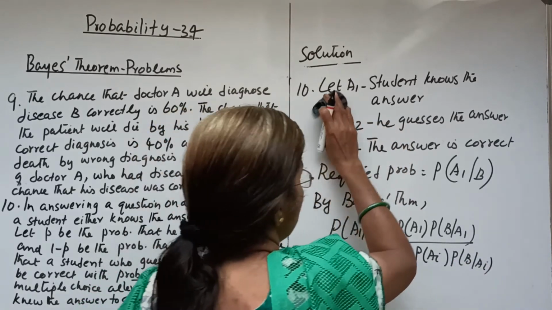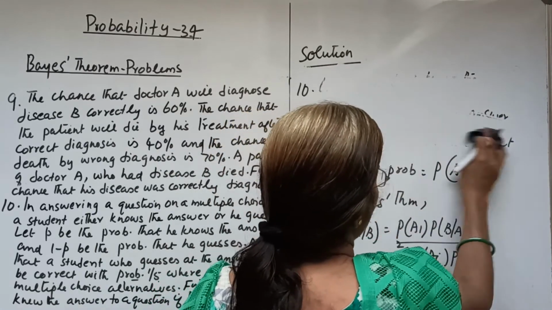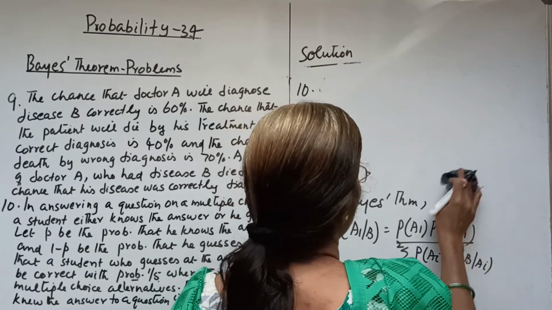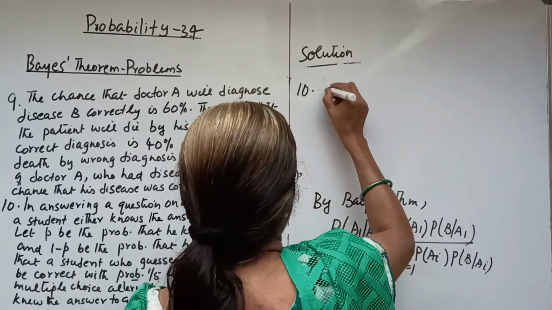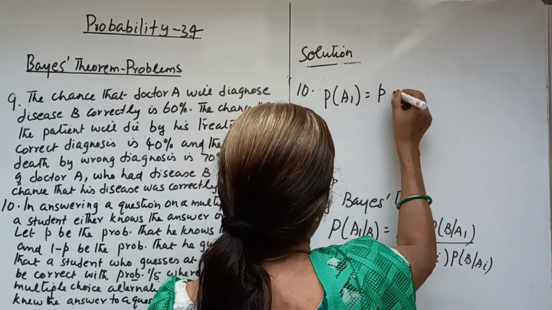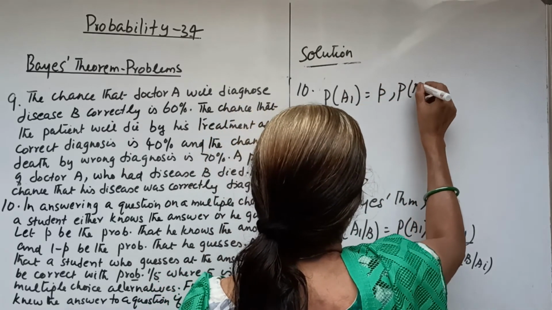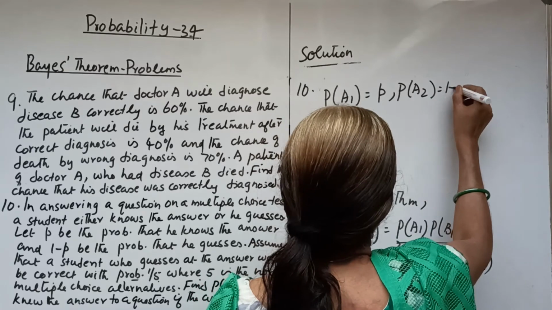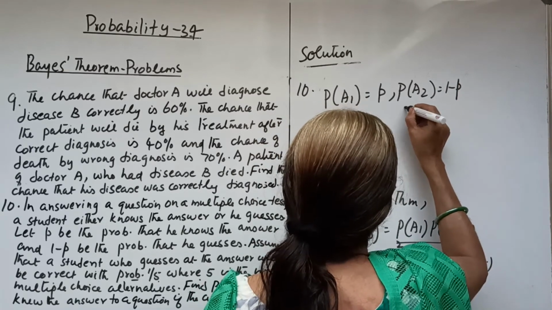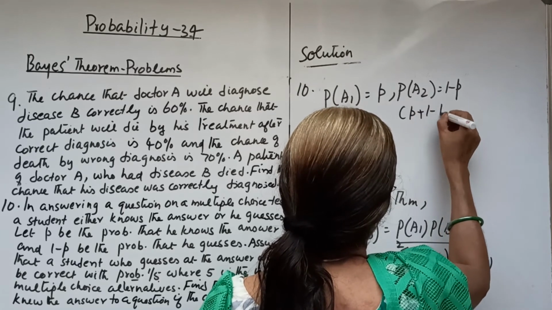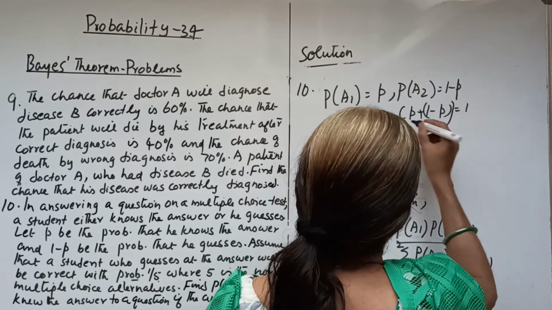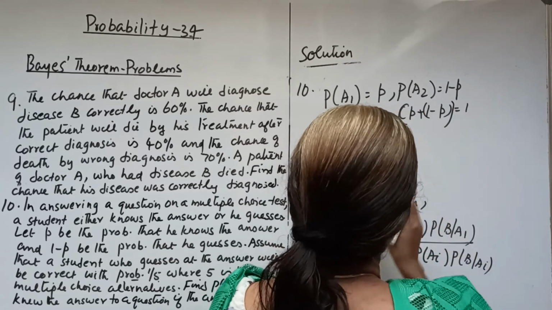Now let us write these probabilities. P of A1 is simply P, the probability the student knows the answer, and P of A2, he guesses the answer, is 1 minus P. Here P plus 1 minus P equals 1.